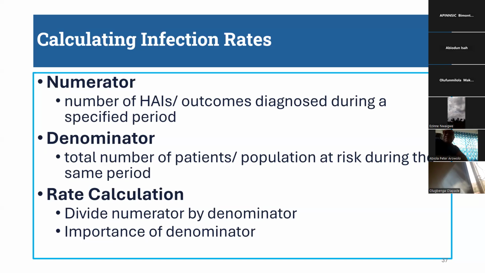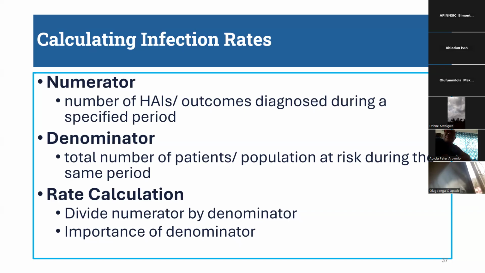For example, for catheter-associated UTI, the numerator will be the number of patients who have catheter-associated UTI, and the denominator will be all patients who are on a catheter in that particular unit. If it's the ward that you're looking at, then all those on the ward. If it's the entire hospital, then all patients on a catheter will be your denominator, and the numerator will be all patients who have catheter-associated UTI.